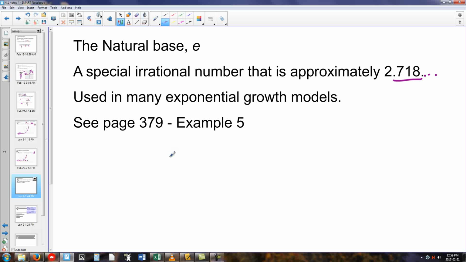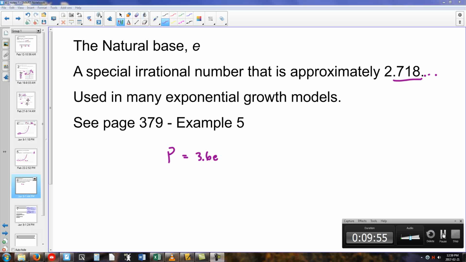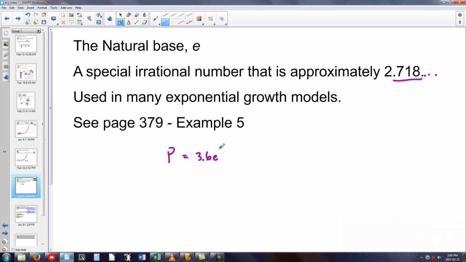An example question on page 379 talks about the population of the world, and it was 3.6 e to the, I don't remember. Hold on just 1 second. Let me grab that. Sorry, 3.6 e to the 0.02x.